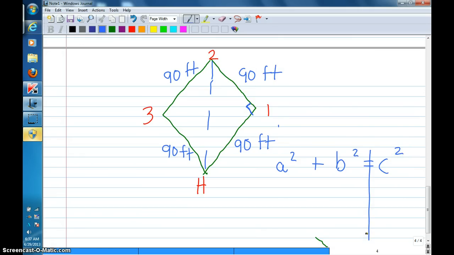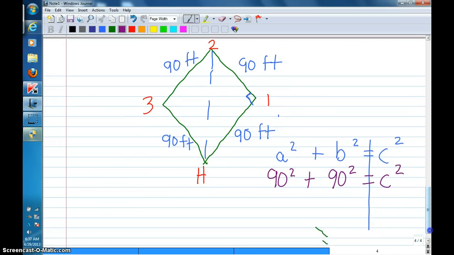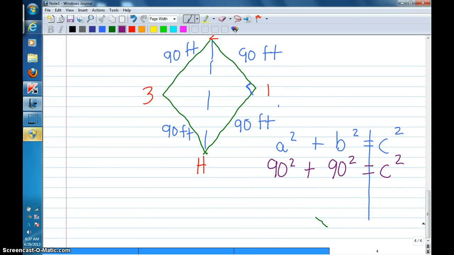And again, if you tilt it, this time they give us both of the legs of the triangle. So we know 90 squared and 90 squared, and we're trying to find the longest side. And without even doing any math, we know it has to be longer than 90 feet. So go ahead and do that math.